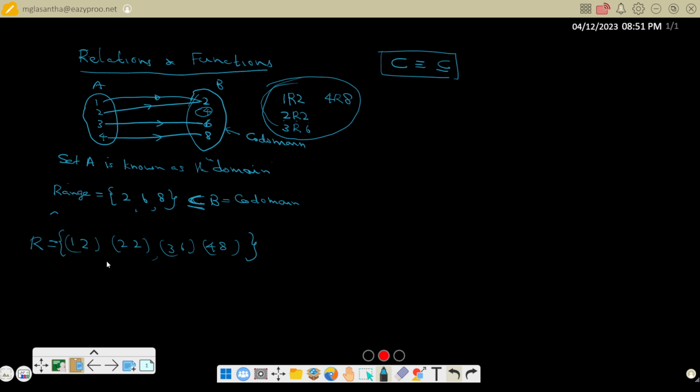Now for this relation, what is the Cartesian product A cross B? Earlier we discussed that, no? What is the Cartesian product?